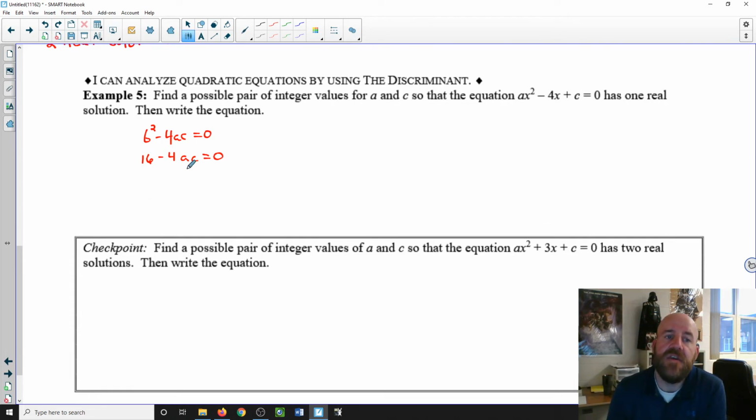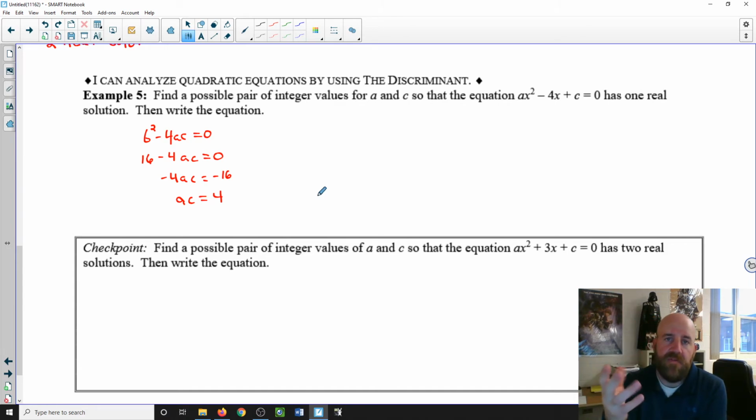So we can just see what AC has to be right now, or we can start solving. So we can move the 16 over. So subtract 16 from both sides. Divide by -4. So AC equals 4.